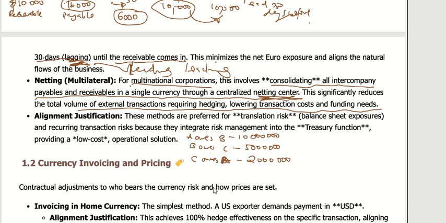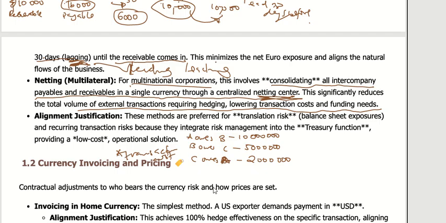So now if we do not do any kind of netting, then it means that C would have to send 2 million to its subsidiary counterpart A, and then A should send to B, and then B should send to C. All these transaction costs at the bank and so on, and just your exposure to foreign exchange risk.